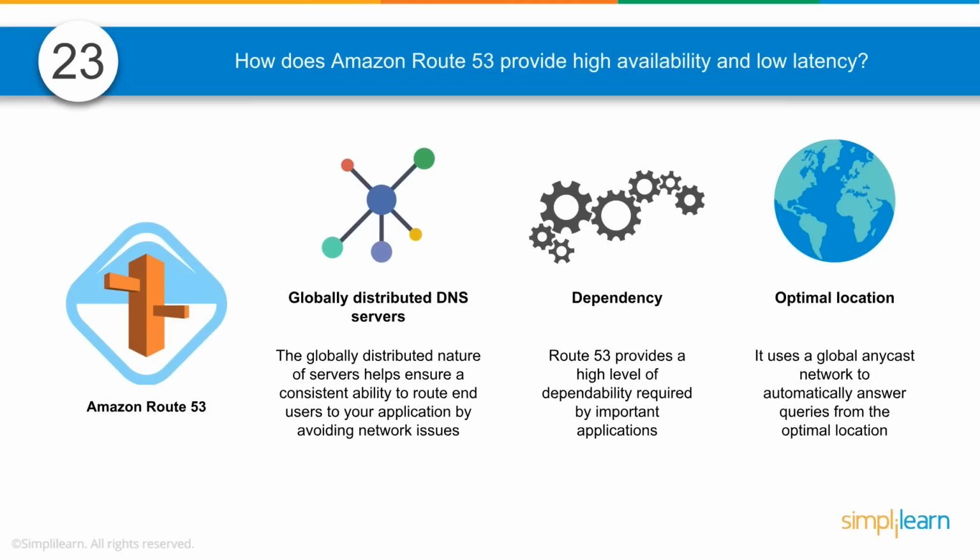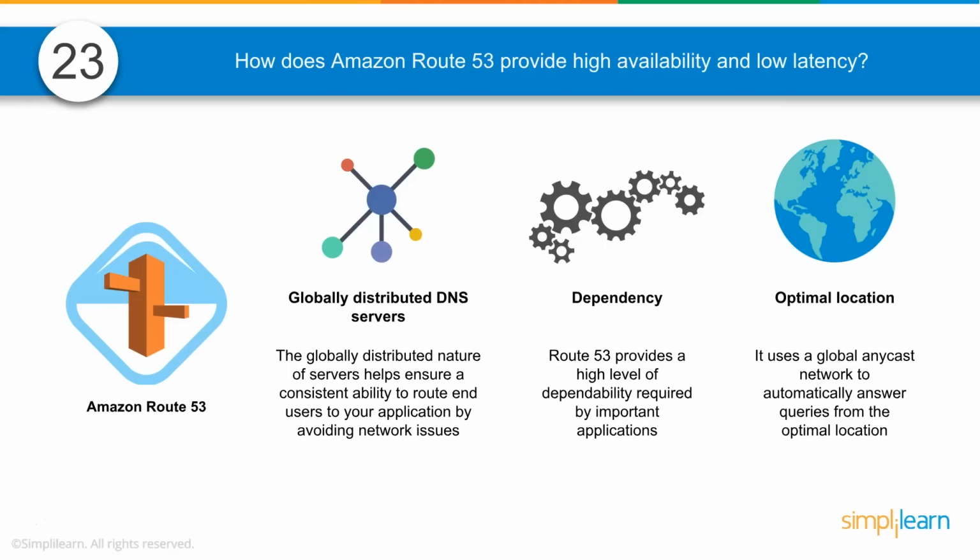Now, this is not true with all the DNS providers. There are DNS providers who are very local to a country, or very local to a continent. So they generally don't provide a low latency service. It's low latency for local users, but for anybody browsing from a different country or a different continent, it's going to be high latency. But that's not true with Amazon.